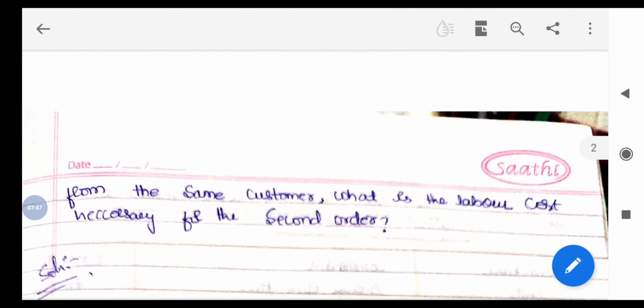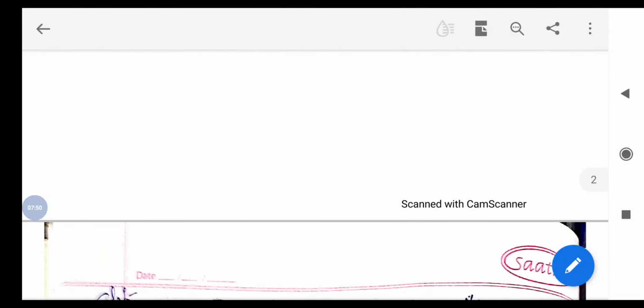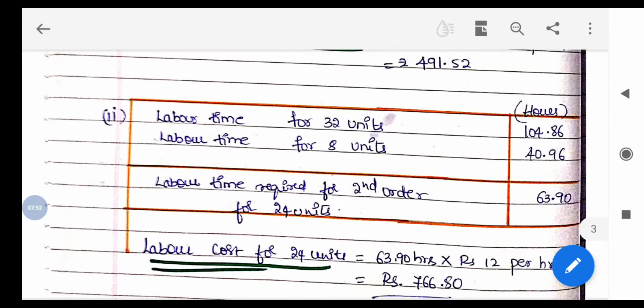Next, the question asks us to do the same for 24 units. What will be the time and the cost for 24 units?